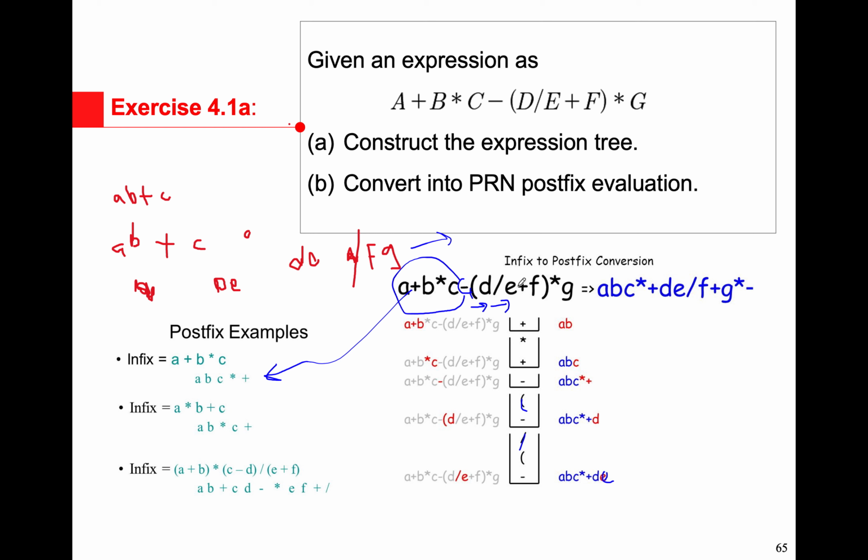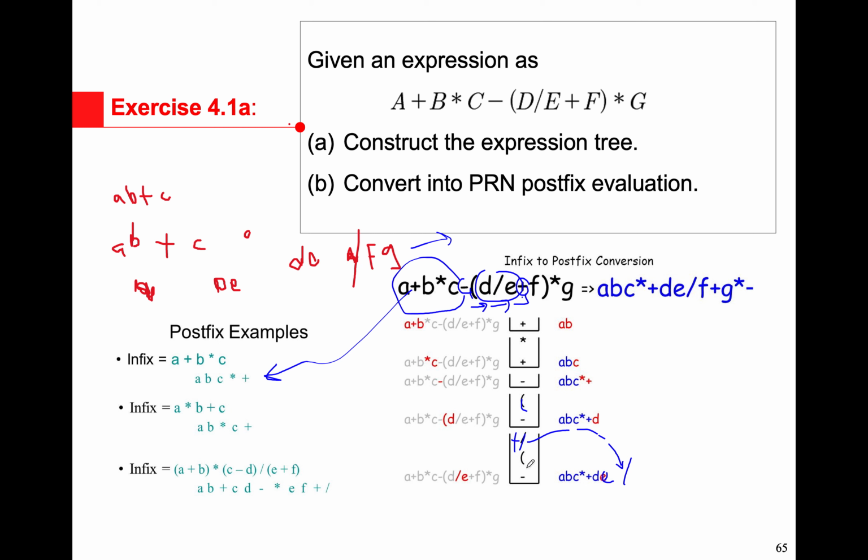After your E, you meet another operation, but this operation you can see it is below than this one. So you will need to pop up this, because the priority is at the multiplication. So that's why it will pop up first. Then you're going to restore your new operations.